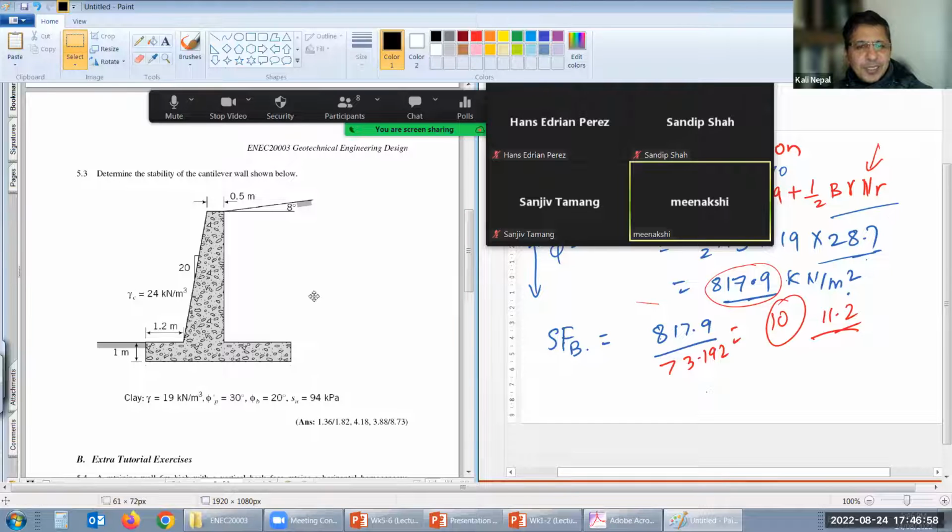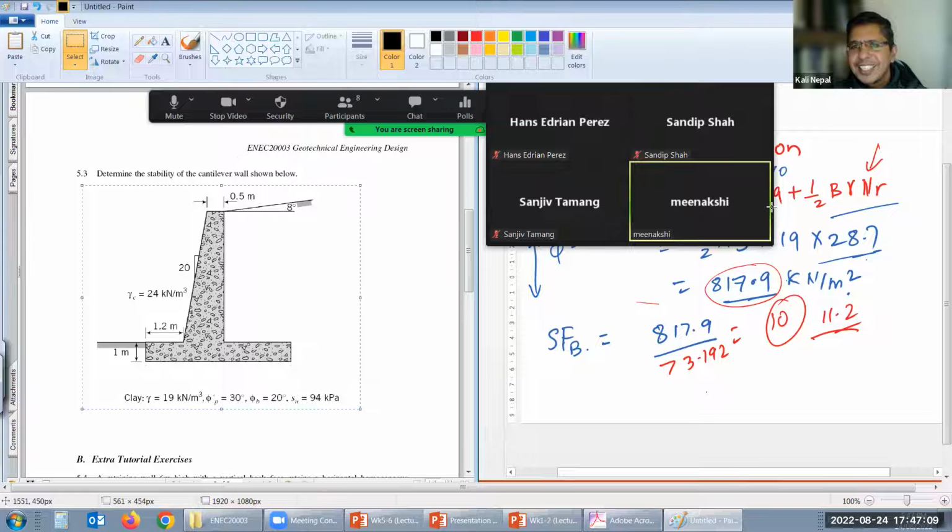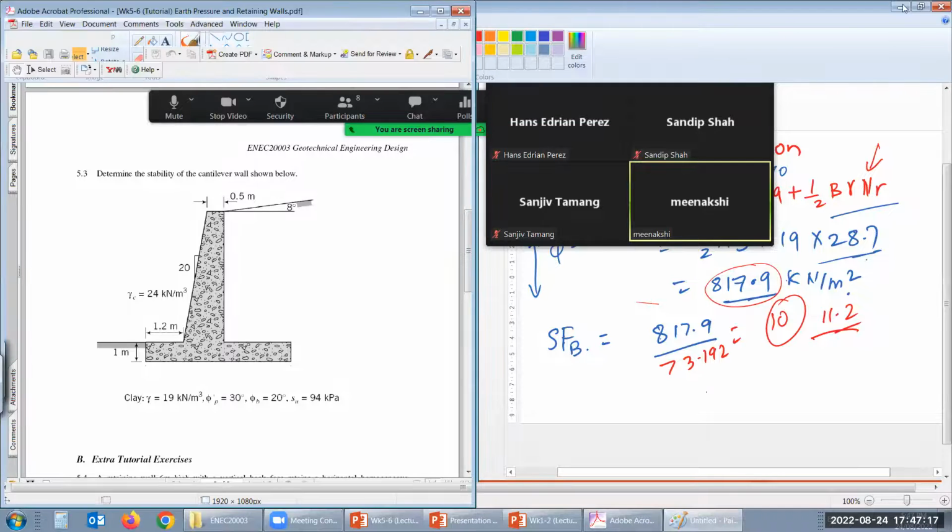I need some space to draw the diagram clearly, so just cancel that and then copy this. Again, when they say determine the stability analysis, that means you just need to do those three checks. Good. All right, so let's do it now.